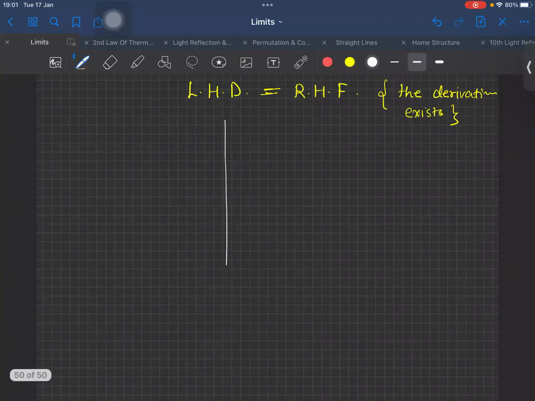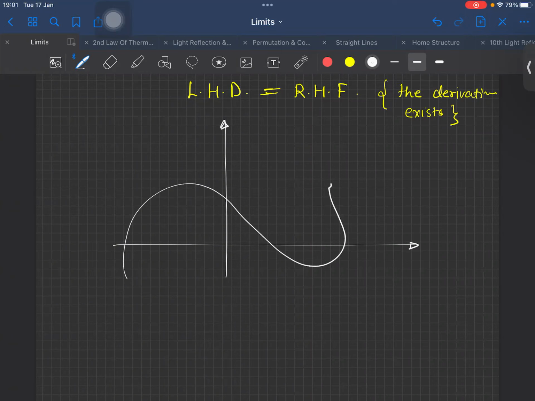See, suppose there is any sharp turn in the graph of any function, something like this. Suppose this is the graph of some function. The derivative of this function exists at all points except this point, this point, and this point, because there is a sharp turn in this function.